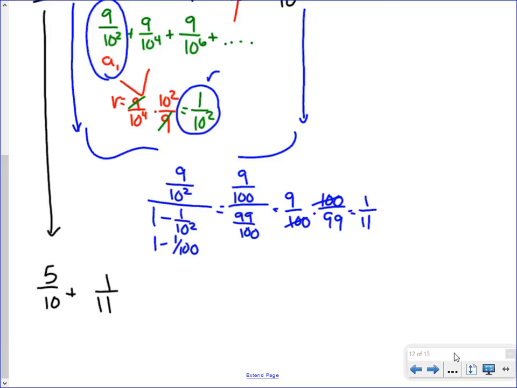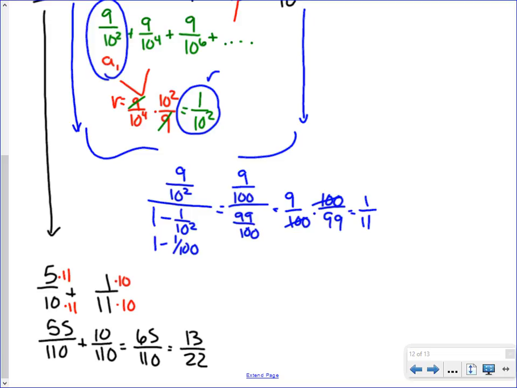In order to be able to add them, I need common denominators. And so that gets me something like 55 over 110 plus 10 over 110, which is 65 over 110. And those are both divisible by 5, so that gets me 13 over 22.